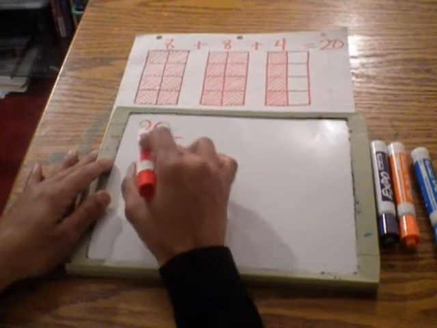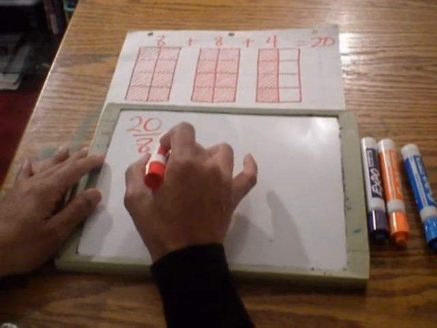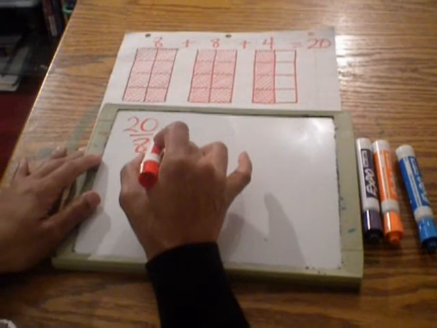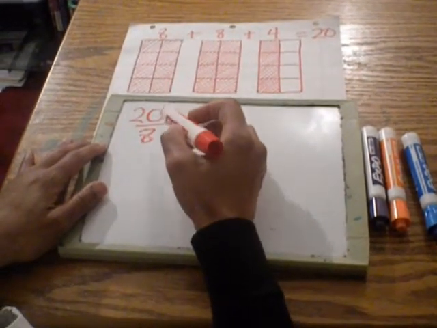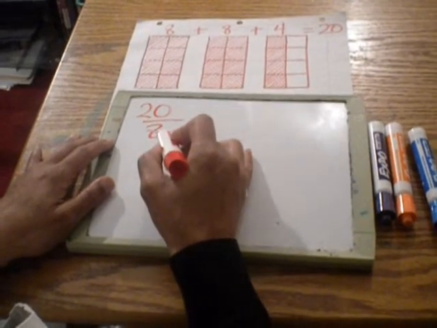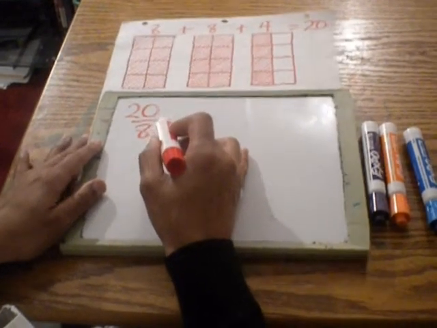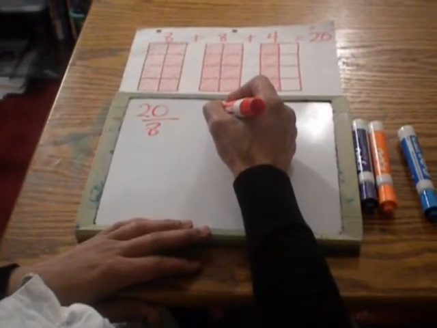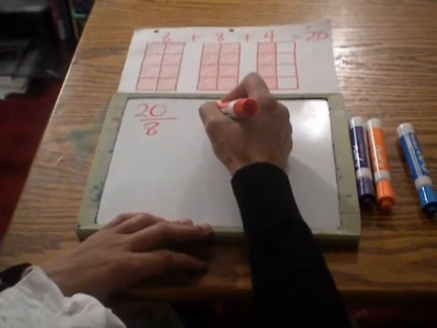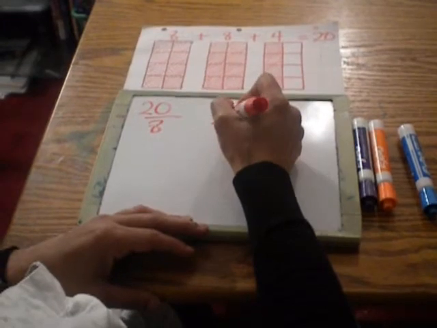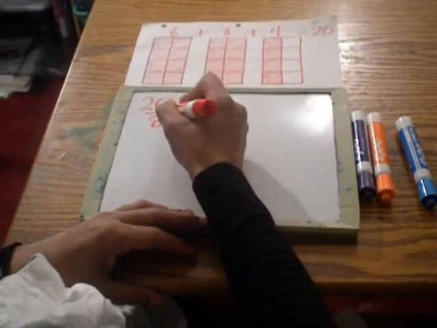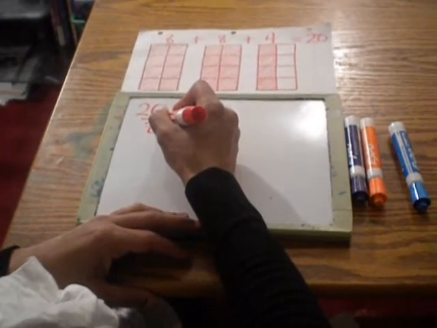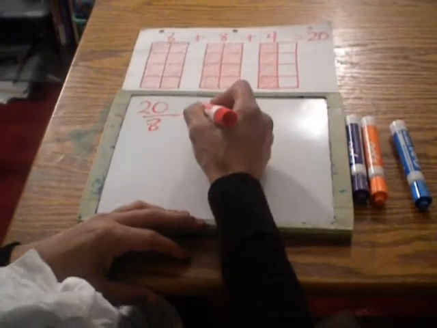As our fraction line tells us, we're going to divide. In this case, we're going to divide 20 divided by 8. The numerator, which is the 20, is going to be our dividend. And the 8, which is our denominator, is going to be our divisor.